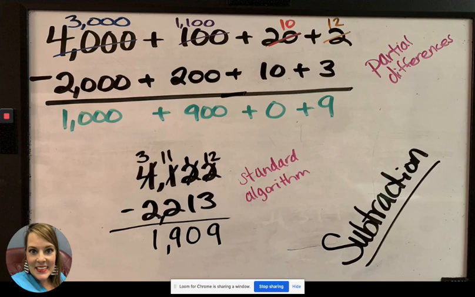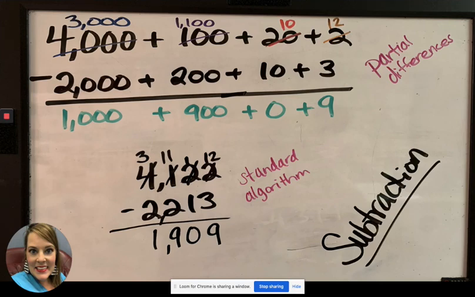And then you could just subtract. So 12, starting in the ones place, 12 minus 3 equals 9, 10 minus 10 equals 0, 1,100 minus 200 equals 900, and then 3,000 minus 2,000 equals 1,000. And when you add those up, you get 1,909.